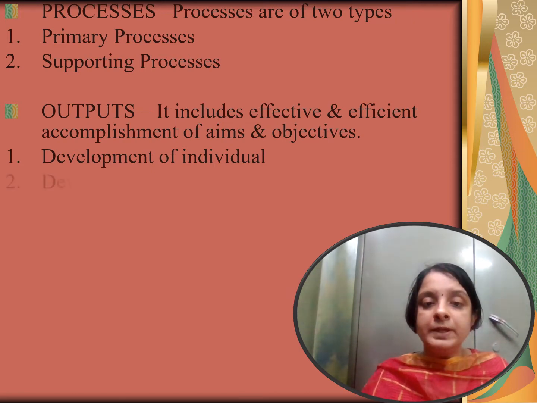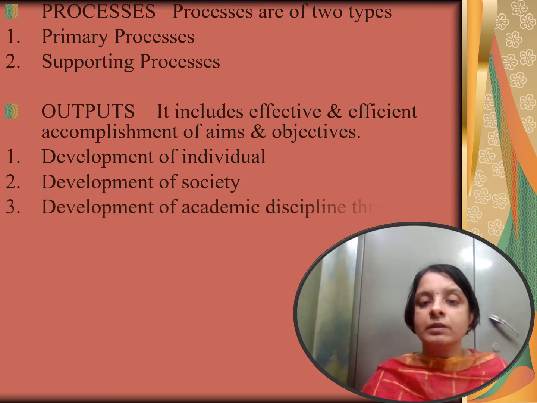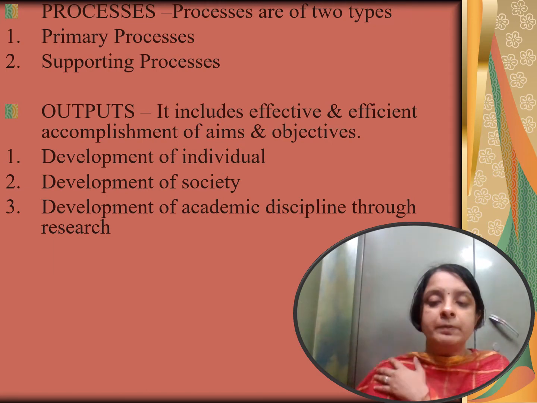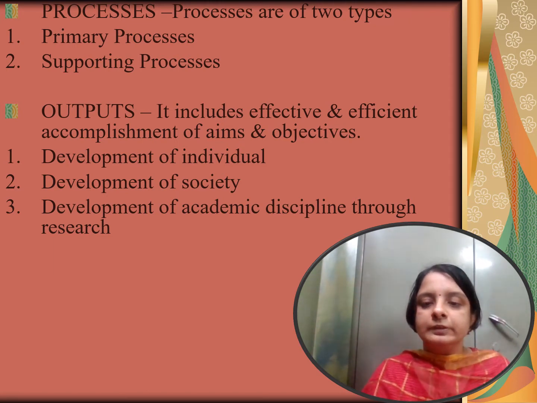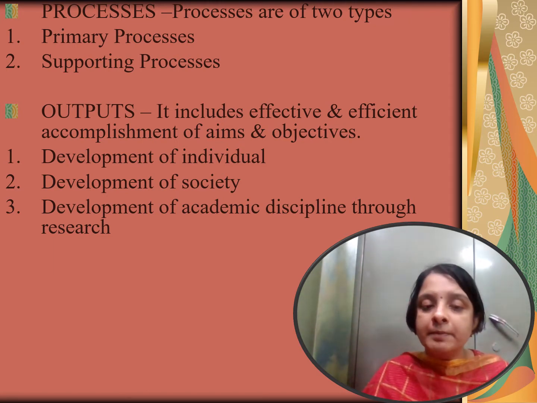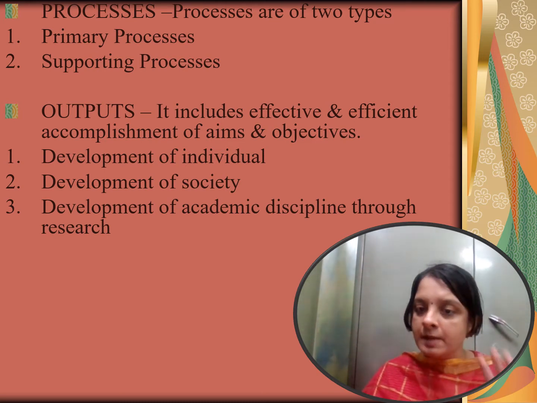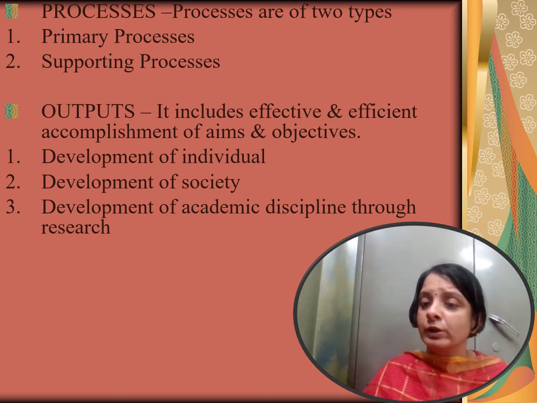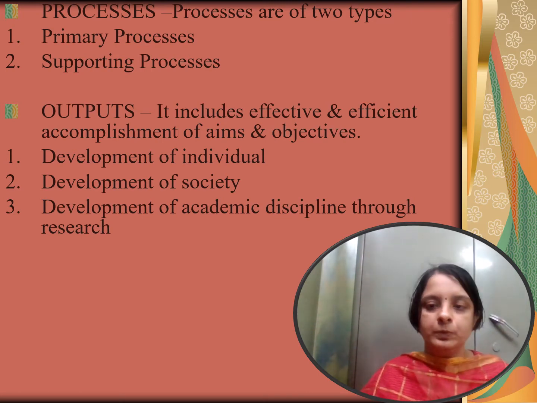And when there is institutional development, there will be development in the academic discipline. That means in research, there will be development. So thus we have studied the diagrammatic presentation of system approach. It covers three main aspects, that is input, process, and output.